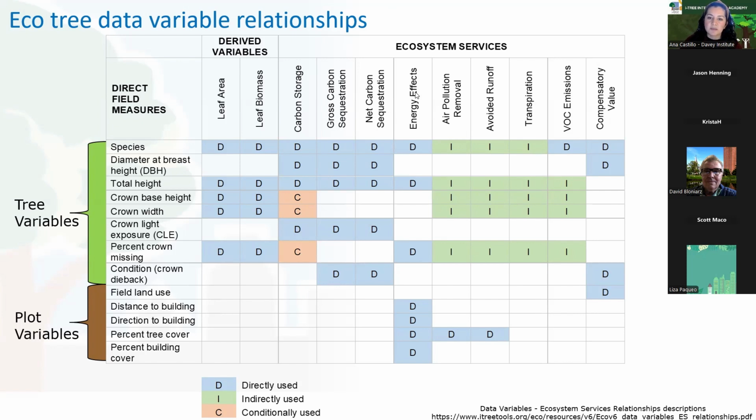You can read down this column and say, okay, I definitely need to accurately identify my species, which you should anyway, but you might also want to get the height as well as measure the percent crown missing, and you're definitely going to want to measure the distance from the trees to the buildings. This can help you make those decisions about which tree variables you want to measure, so that you can optimize and best use your time and the resources available to you.